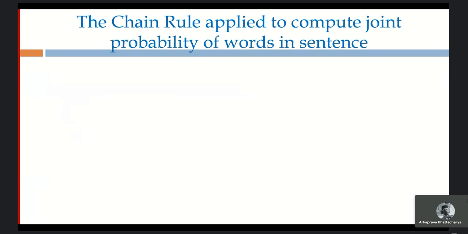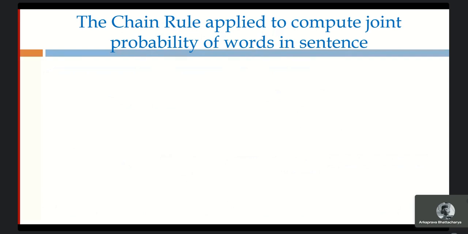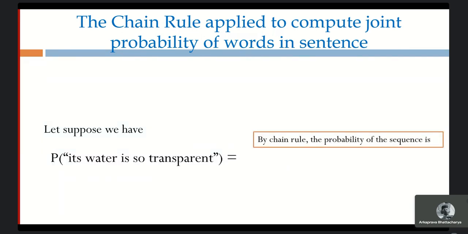If I get into the words, let's suppose instead of W1, I have taken X1 here. So now the probability of W1 times probability of W2 given W1, the probability of W3 given W1, W2, and so on. When I put this into the chain rule, I want to find the probability of "its water is so transparent", so how can I write it?